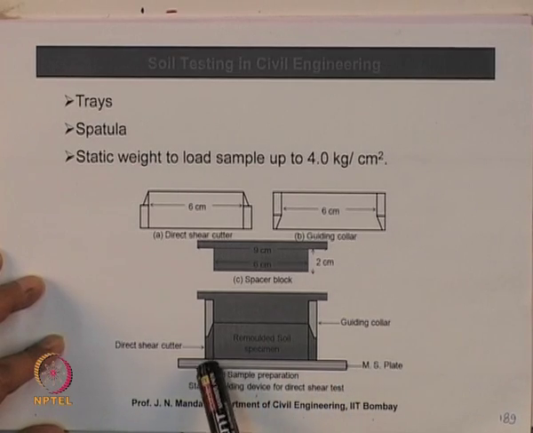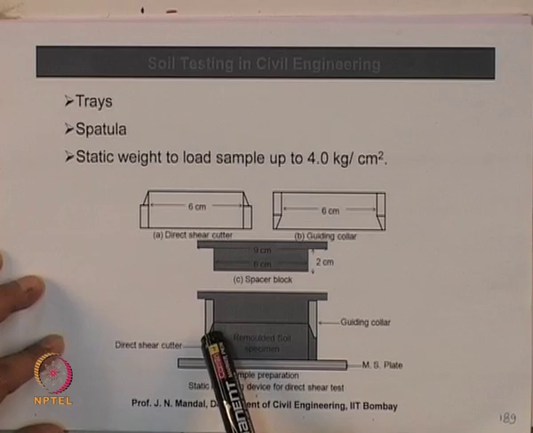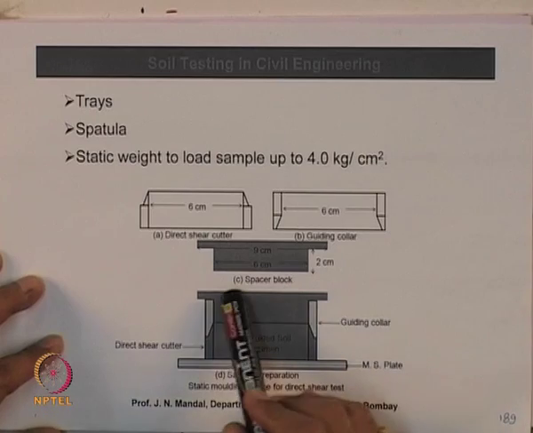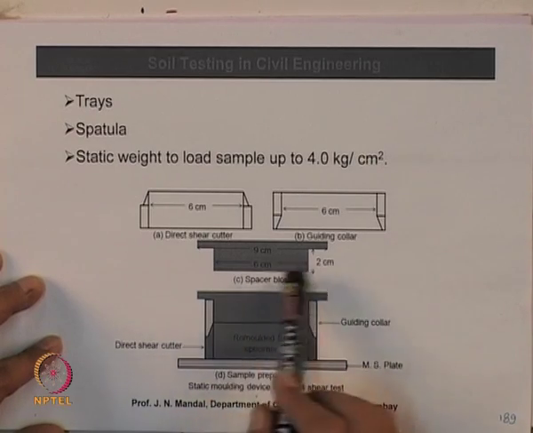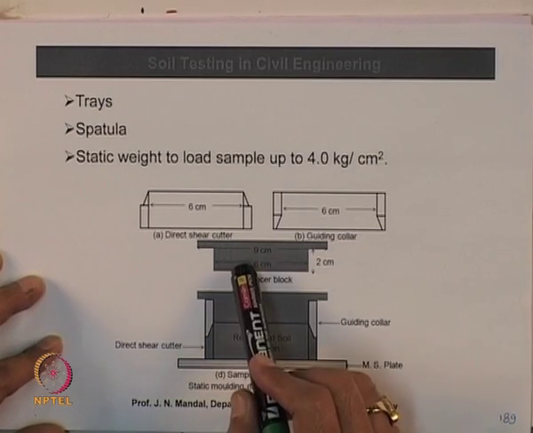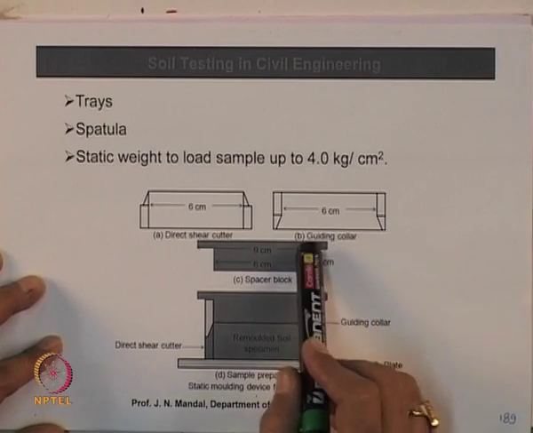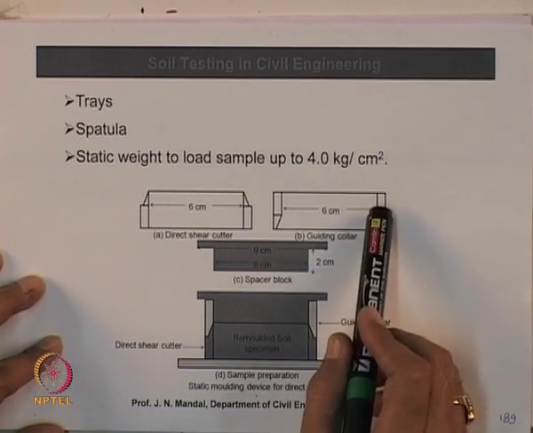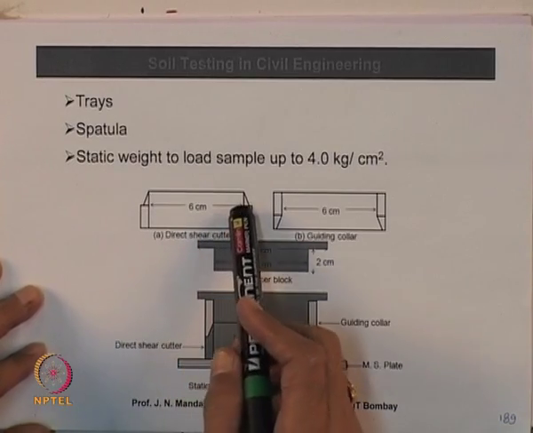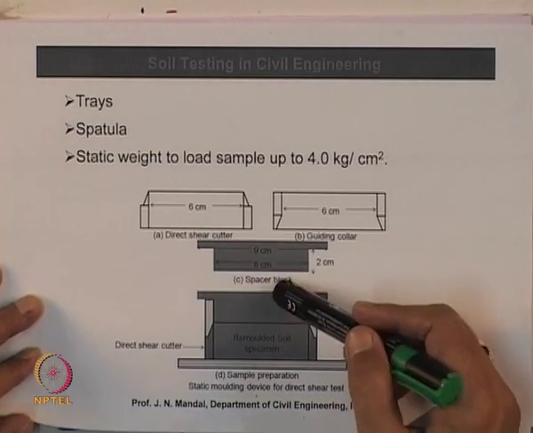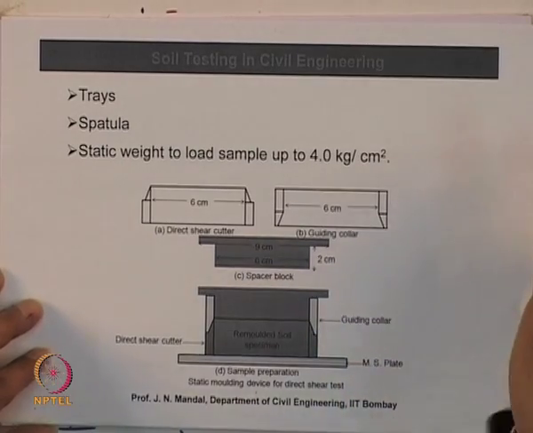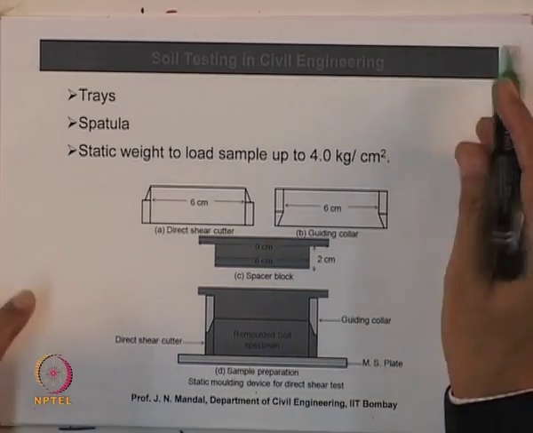This is the direct shear cutter, and here is the spacer block. This is 6 centimeter and this is 2 centimeter and this is 9 centimeter, and this is the guiding collar, that is about 6 centimeter, and this is the direct shear cutter, and this is about 6 centimeter. So, these are the static molding devices for the direct shear test.